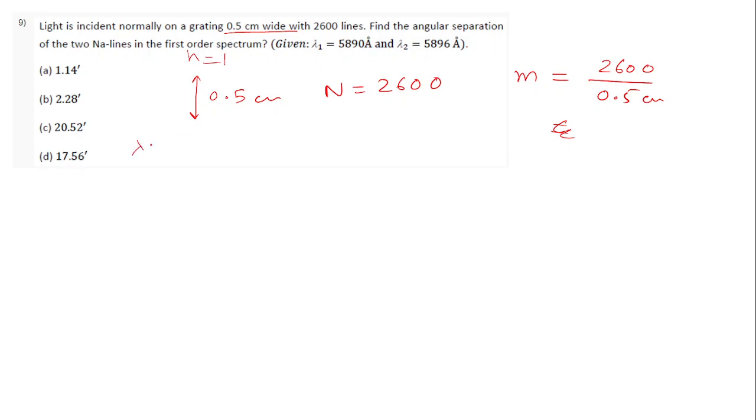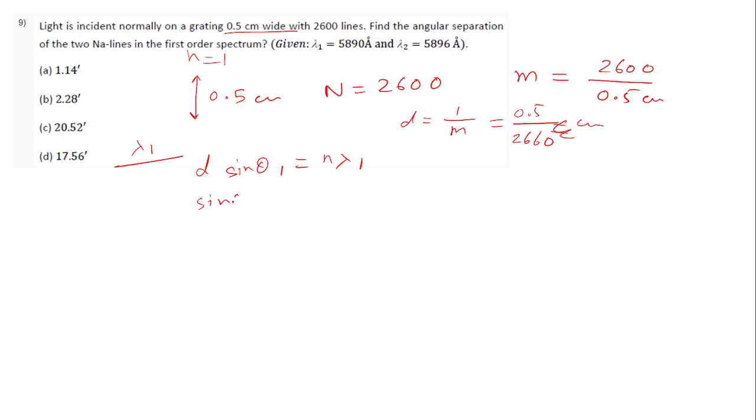So for lambda 1, we will be taking d sine theta 1 is equal to n lambda 1. D is 1/N, which means 0.5 divided by 2600 centimeter.